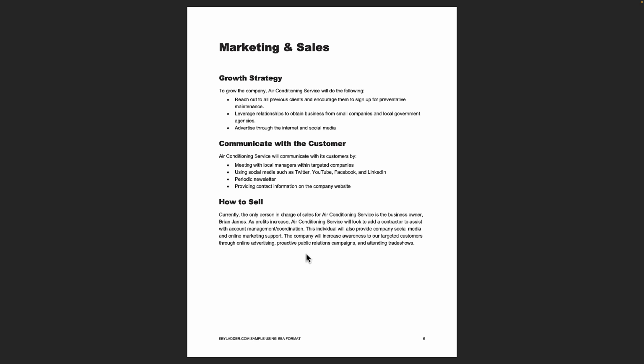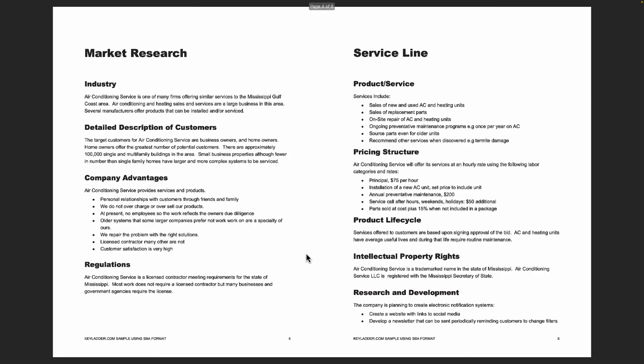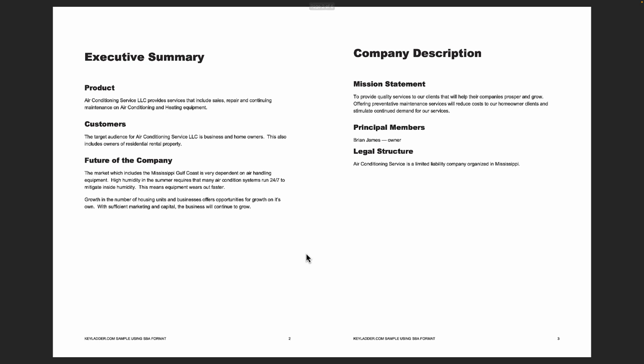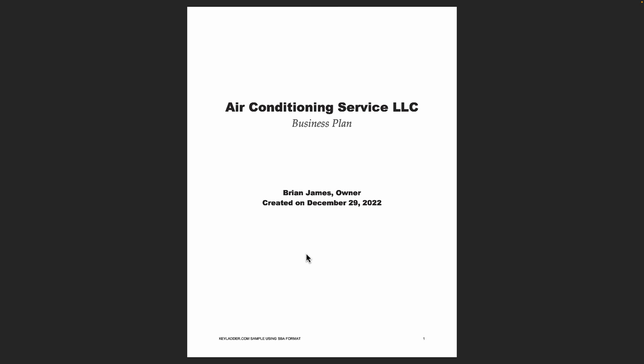So to summarize what we talked about, we basically have a 6-page document here that's very simple to create. All you have to do is download this. You can download it from the Small Business Administration website if you want to, and you can read a lot more about business plans and their purposes on the Small Business Administration website. They're not trying to sell anything, and there's some really good resources out there.